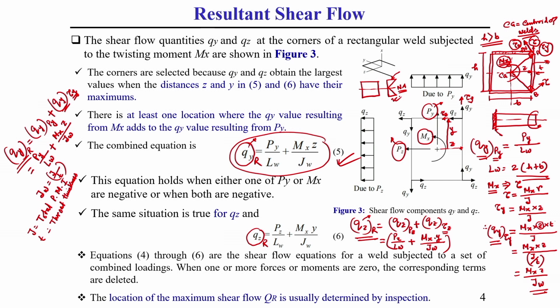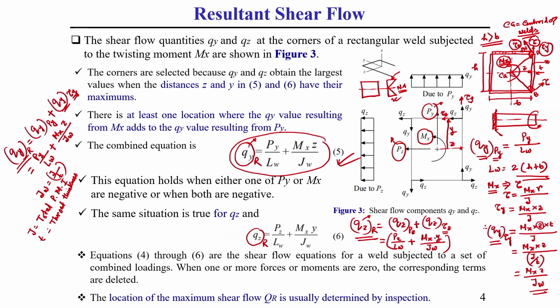So, that is why you should choose the furthest distance from the centroid. I have already written here, you need to find the centroid of all welds. This you should keep in mind.